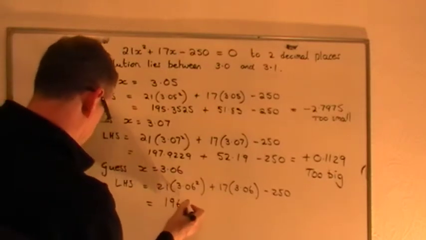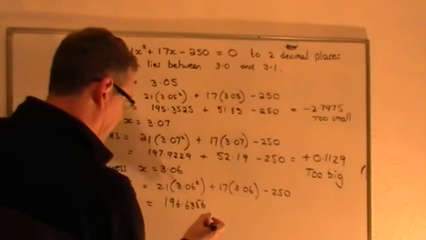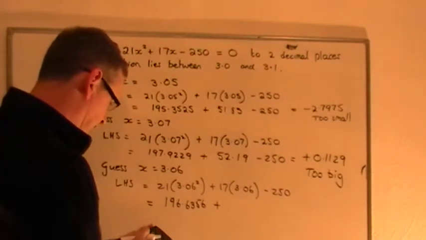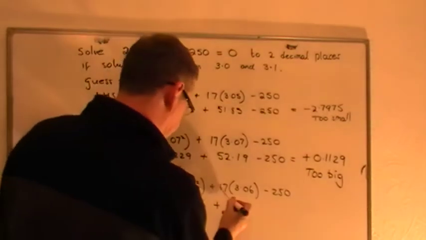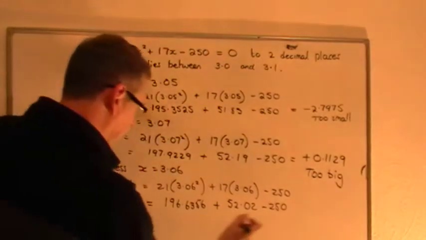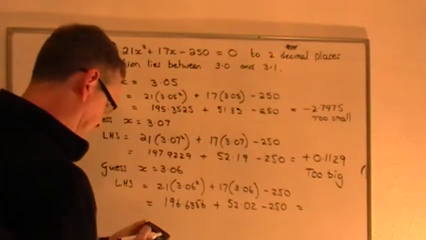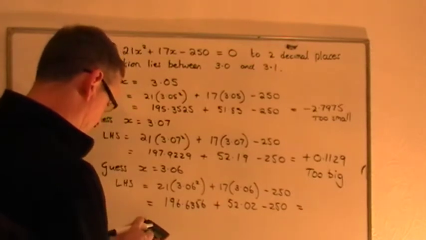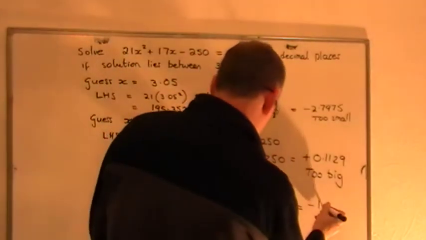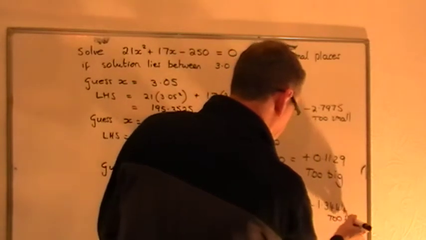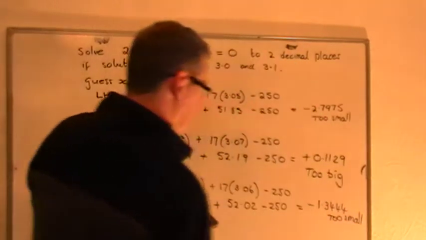That's 196.6356 plus 17 times 3.06 is 52.02 take away 250. Work all of this out. And we get an answer of negative 1.3444, which now has gone back to being too small again.